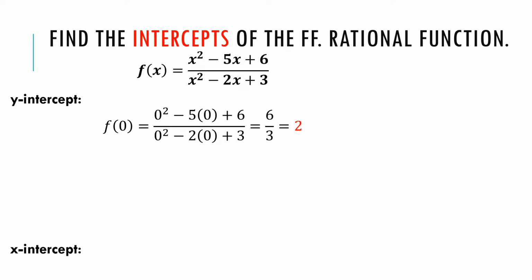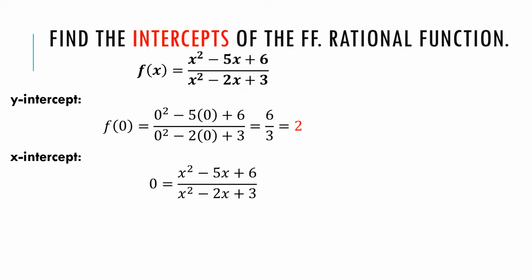For the x-intercept naman, ang gagawin again is gawing 0 ang lahat ng values ng y or ang f of x. So magiging 0 equals x squared minus 5x plus 6 all over x squared minus 2x plus 3. Okay? Para mas mapadali, cross multiply natin ang 0 at saka yung denominator. Magiging 0 equals yung numerator.